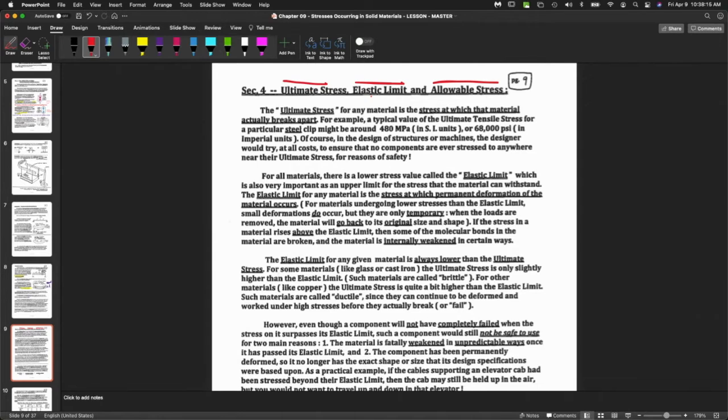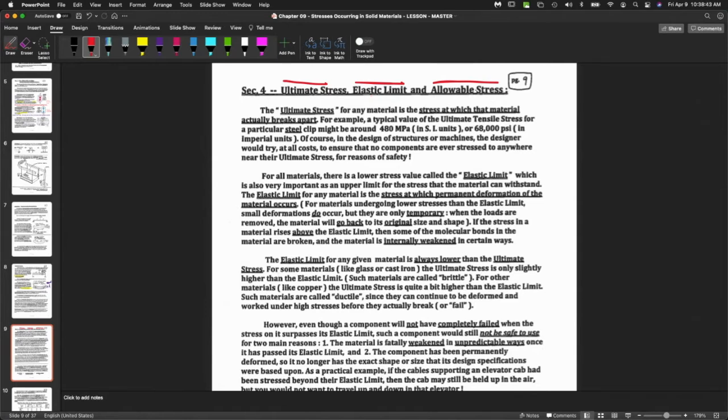For example, you would want to make sure that anything that you design is definitely under the elastic limit, because you want it to bounce back to its original shape. Like a bridge, let's say that a convoy of vehicles goes across a bridge, but once those vehicles have passed the span of the bridge, you want the bridge to return back to the original shape. You don't want it to just not break. This is what ultimate says. It didn't break or fail.